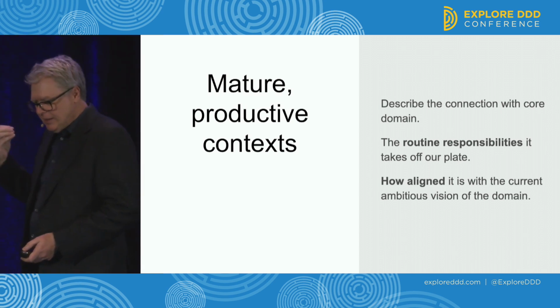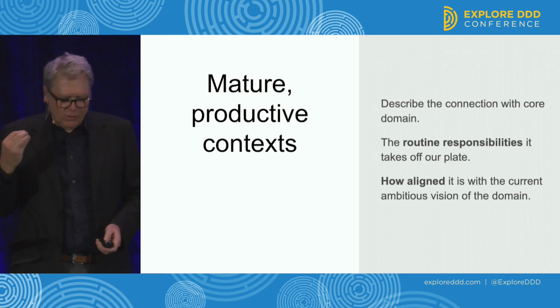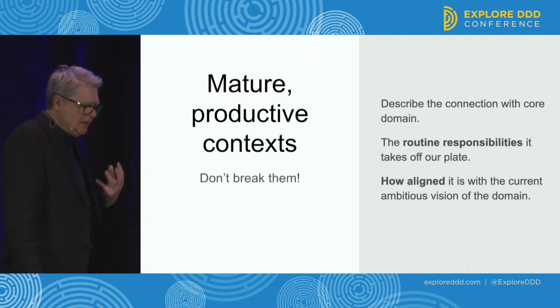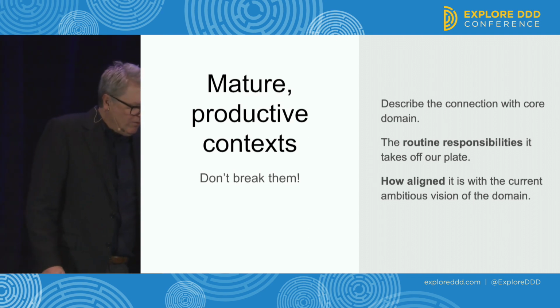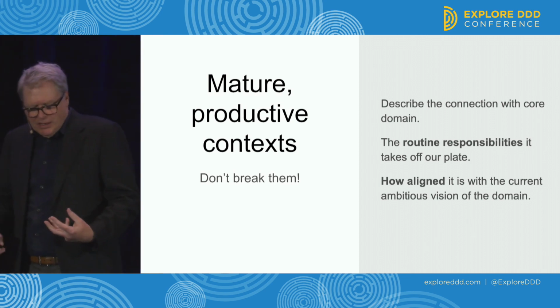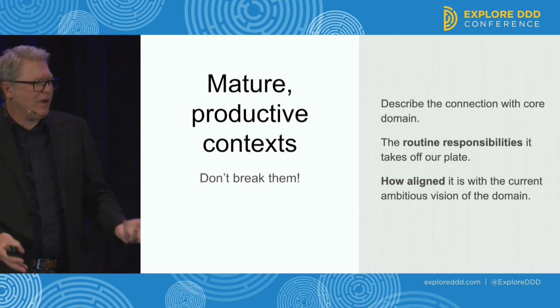That, of course, is a motivation for building something new, for sure. But it could be described. And then one of our goals with legacy systems, if we're not so contemptuous of them, would be, as we evolve the system, don't break them.